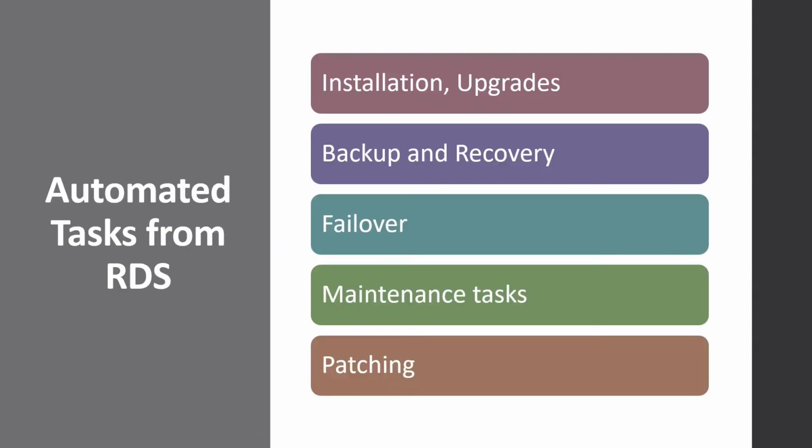Now, adding the automated task which otherwise was the DBA's responsibility. Please note that you need to ensure the maintenance window is selected only in off-business hours to avoid any kind of application or performance impact. Patching is taken care of at the backend and you are notified in case any action is required from your side with respect to these patchings or maintenance activities.